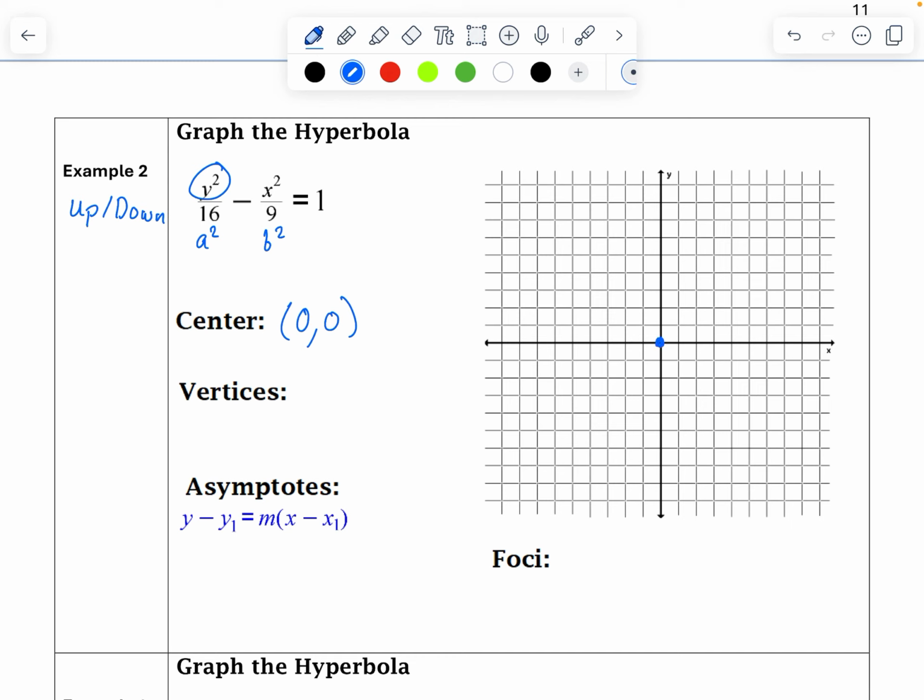So up 1, 2, 3, 4. Down 1, 2, 3, 4. So 0, 4, and 0, -4. And then we're going to go left and right by 3. And we're going to create our box so that we know how to graph the asymptote lines.